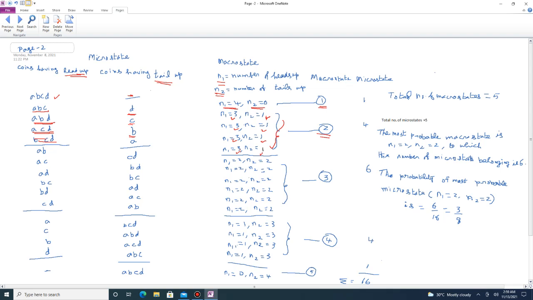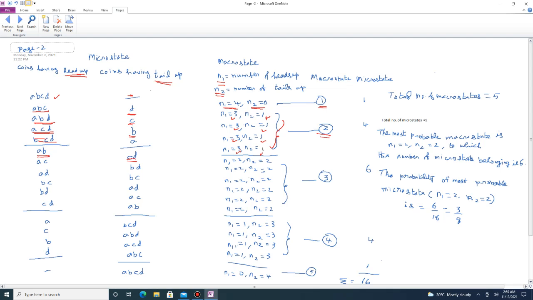Then the next one is, you take coins having heads up. There are 2 coins having heads up, A and B. So the remaining 2 coins, CD, will be down.